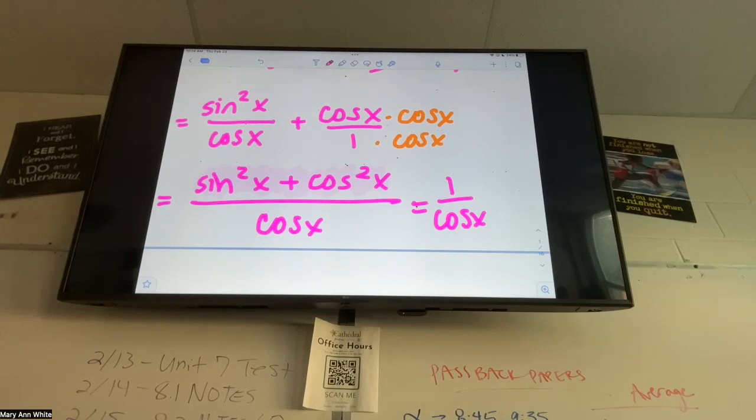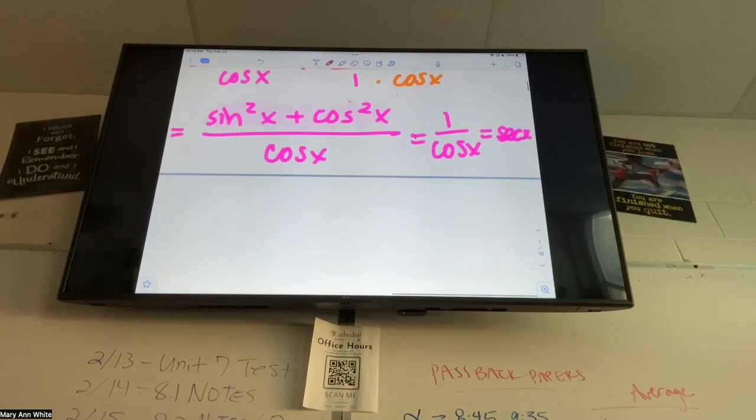I want you to go one more step farther. What is the same thing as 1 over cosine? Secant. Good. So my final answer here is secant x. I can actually just rewrite that so it's not messy. Good.